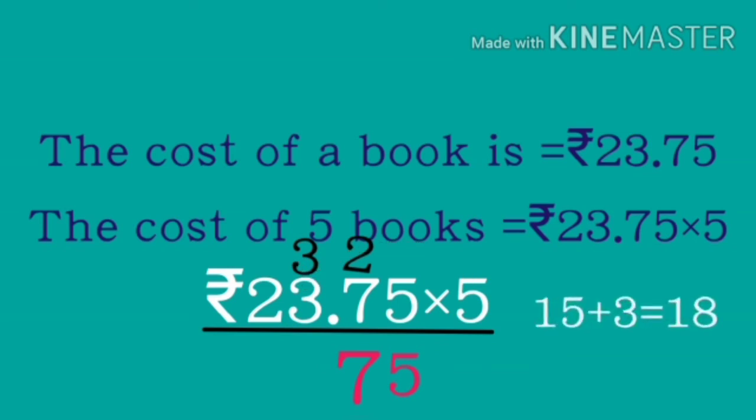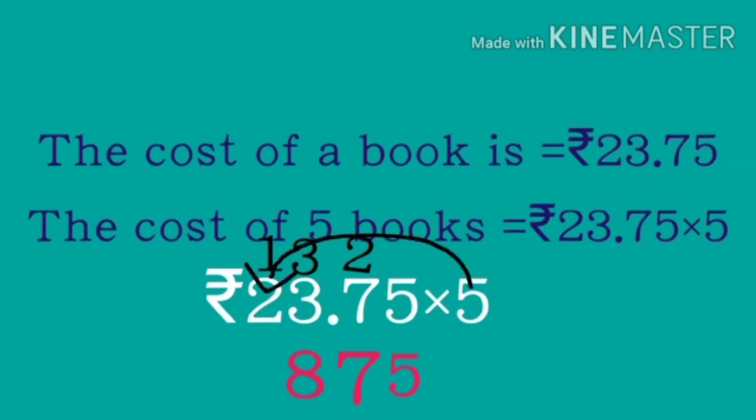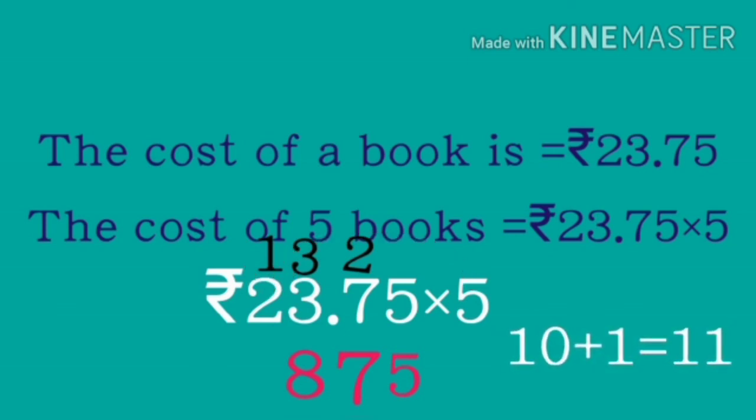Add 3 carry. 15 plus 3 is equal to 18. So write 8 in hundred place and 1 carry to the thousand place. Now multiply 2 into 5 is 10. Add 1 carry. 10 plus 1 that is 11. So write 11 in thousand place.